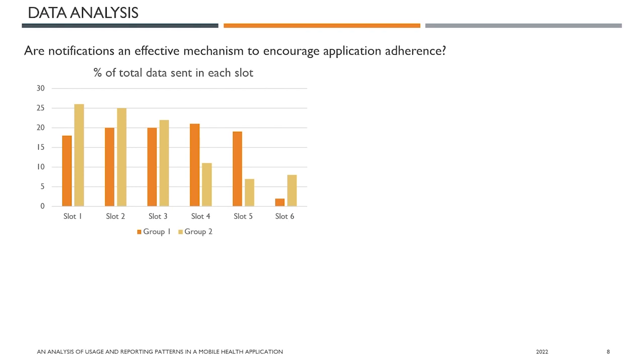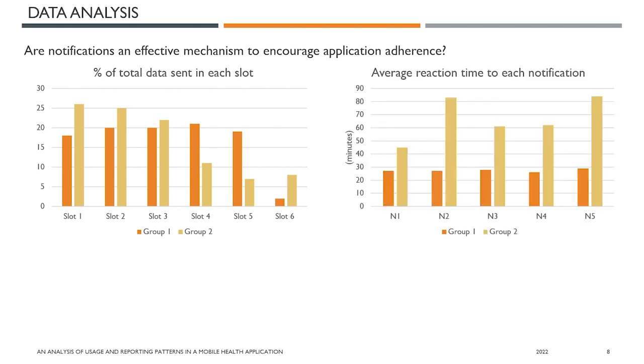We also analyze the average time difference between a reminder and the next emoticon to analyze the reaction time towards a notification. Group 1 reacts equally to all 5 notifications. Meanwhile, in the second group, we perceive better feedback to notifications in the morning. For the rest of the notifications, users almost never respond within half an hour.